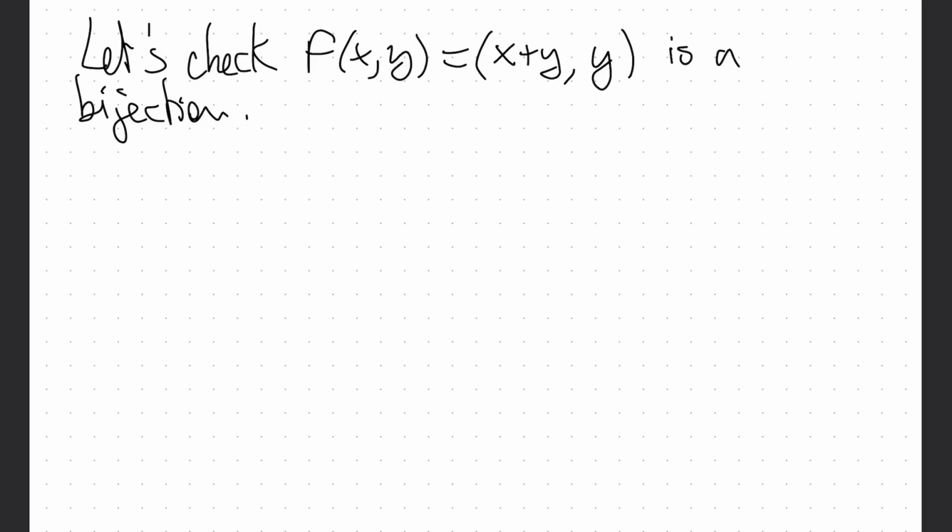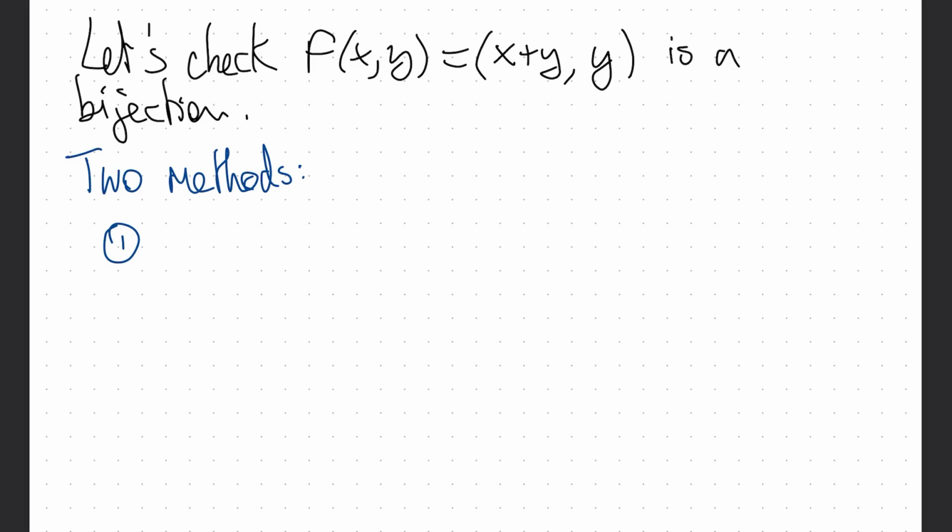Let's go ahead and check that this shear transformation is actually a bijection from the plane to itself. So I want to think of it as a function from R2 to R2. This f of (x, y) is (x plus y, y). I'm going to check it's a bijection. And for this kind of thing, there are basically two methods. I will outline them, and we will do one of them. The first method is the direct one based on the definition.